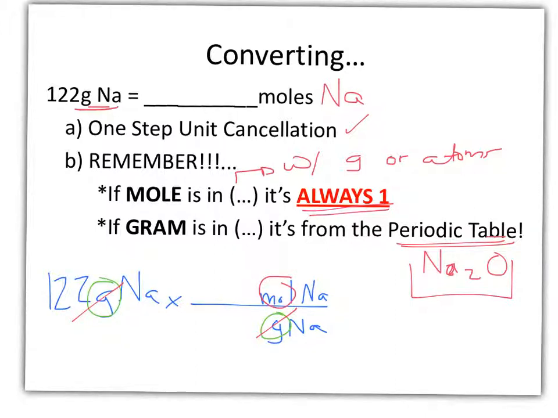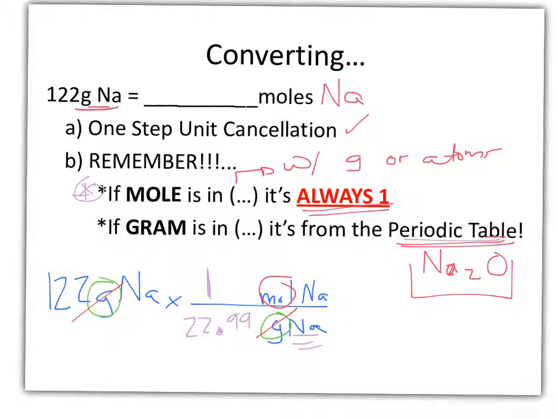And now I need to plug some numbers in. Just as we have up here, remember, if a mole was in parentheses with grams or atoms, it will be a 1. And if grams is in parentheses, it comes from the periodic table. There is one box with Na on it, and the molar mass, always rounded to 2 decimal places, is 22.99. So now mathematically, what do we do?